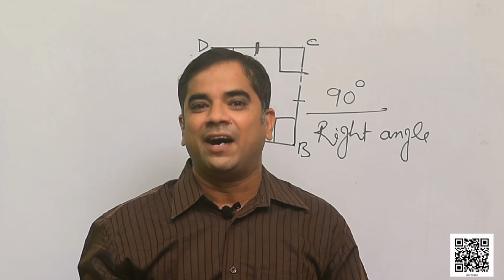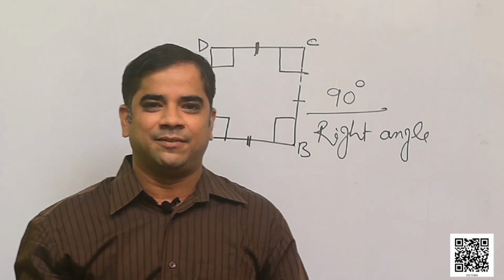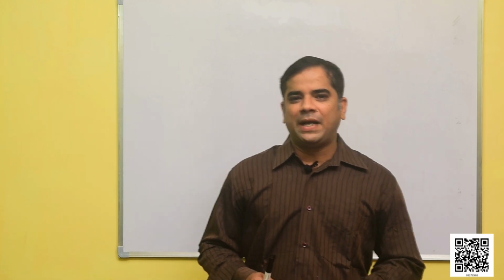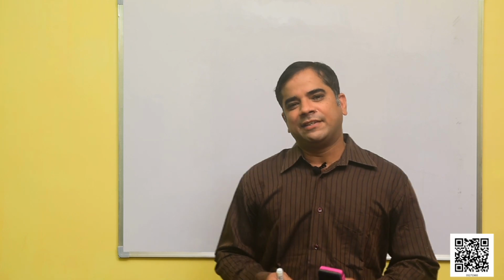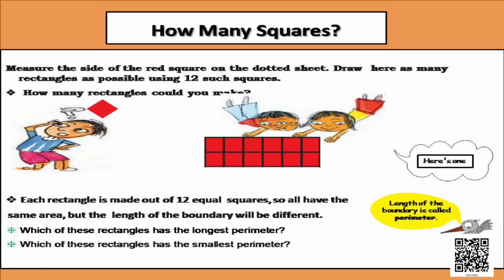It is chapter number 3, how many squares. So students, just look at your page number 34. At the beginning itself, there is a rectangle, and there is a square at the left top, red in color. As I have already told you, each side of that red square is 1 centimeter.